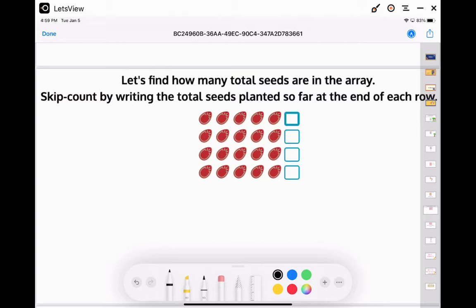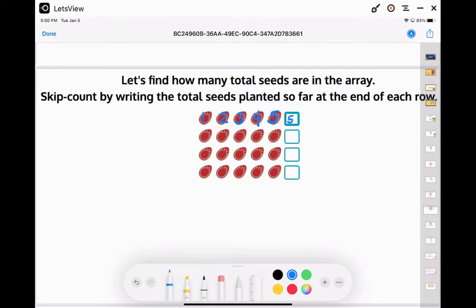Let's count them together. 1, 2, 3, 4, 5. There are 5 seeds in the first row. So our first number is 5. That means to figure out how many seeds are in our array, we are going to skip count by 5s.